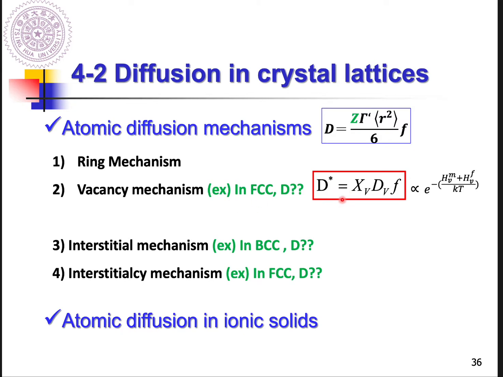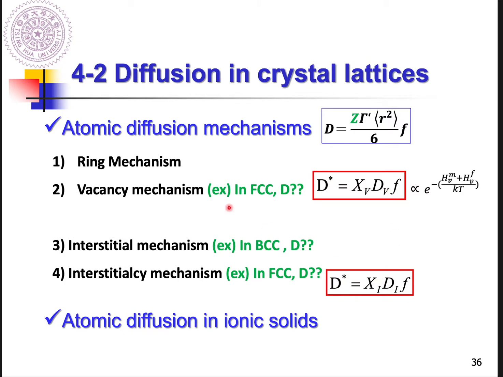The other diffusing mechanism is similar to the vacancy mechanism, which we call the self-interstitial mechanism. Because in this case, there are many self-interstitial defects nearby the diffusing atom. So the self-diffusivity for this diffusing atom is proportional to the atomic fraction of these interstitials, the diffusivity of the interstitial, and the correlation factor.